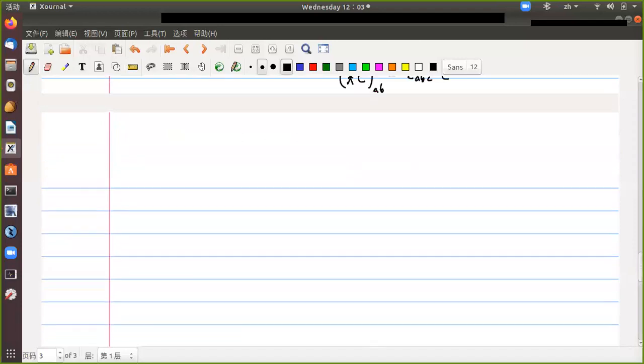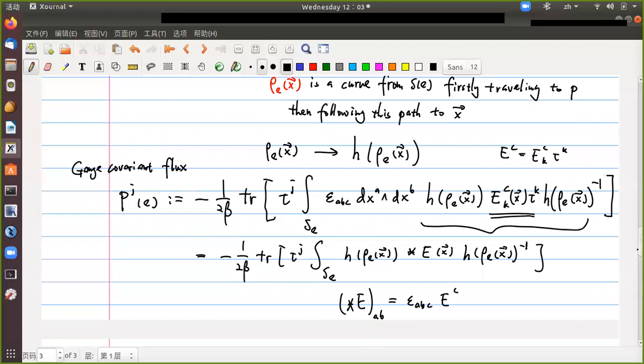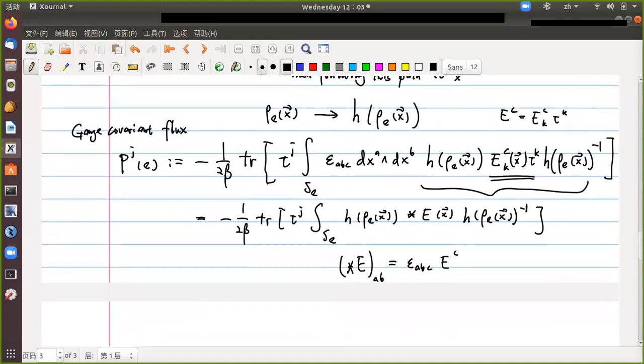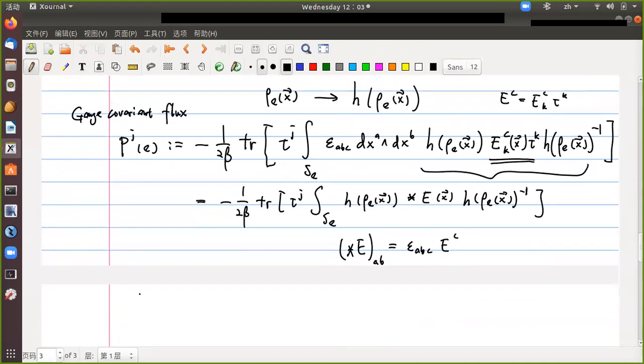Okay. So this is the explicit expression for the gauge covariant flux. And sometimes, especially later on when we do semi-classical analysis, we will also use a dimensionless version of the gauge covariant flux. The reason is that this P_j^E is dimensionful. The dimension of P_j is L squared, because you have a two-dimensional integral.